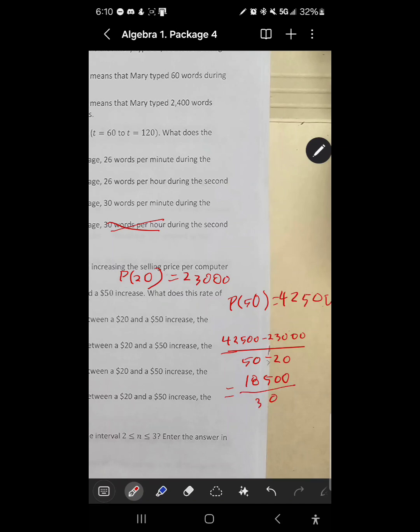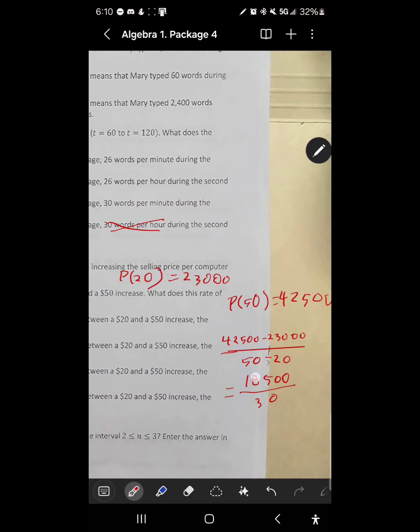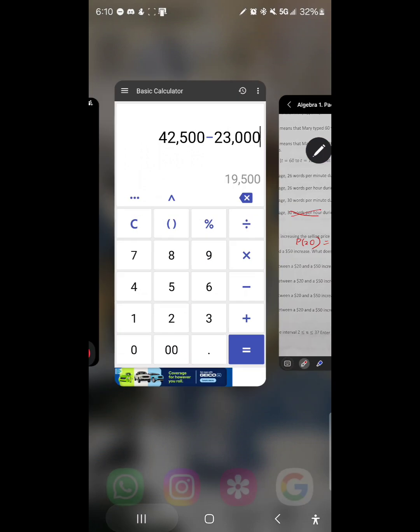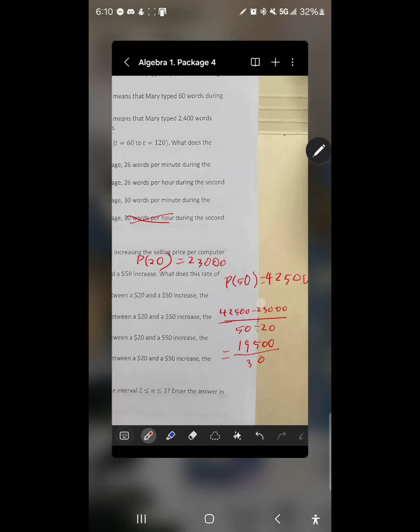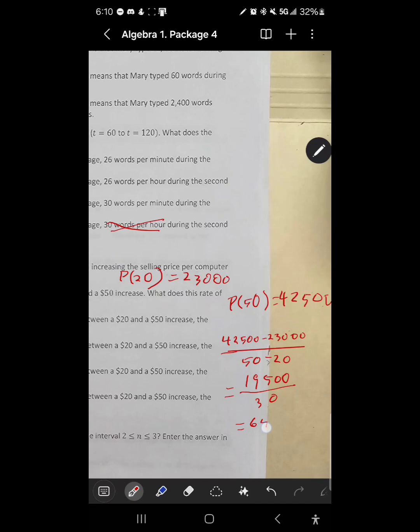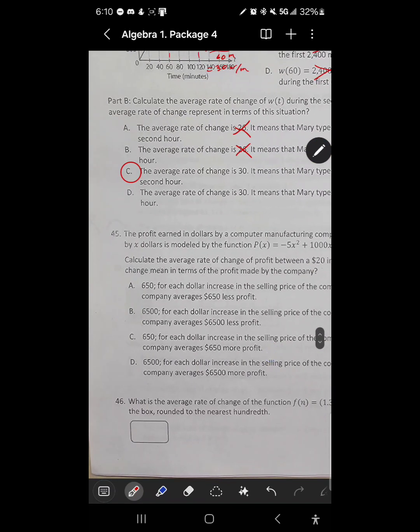I just need to make sure about that. So we have this minus 23,000. Oh, it's 19,500. Okay, my bad. And then divided by 30, which is 650. This is the average rate of change, 650.